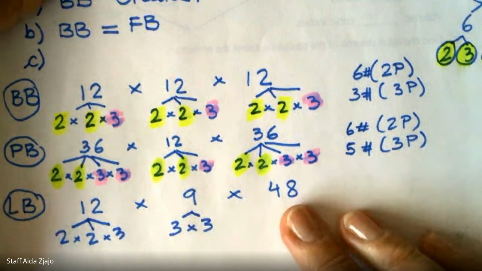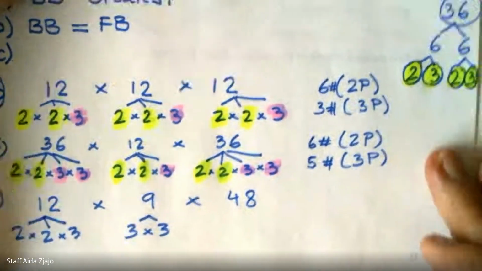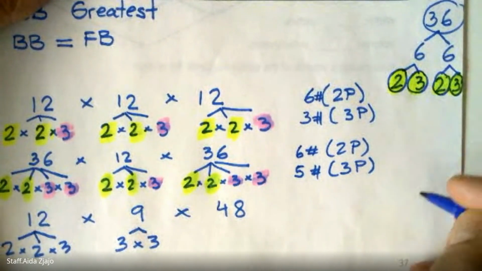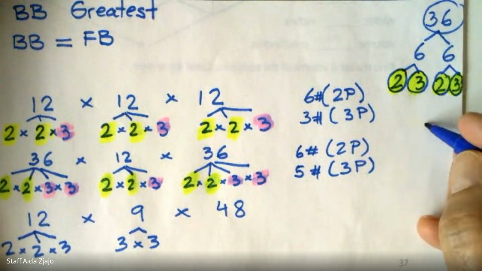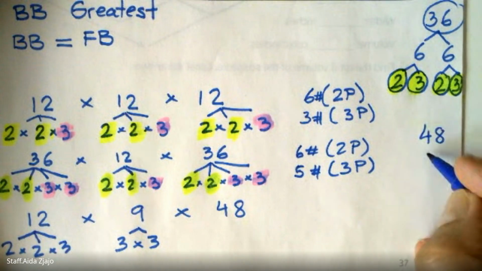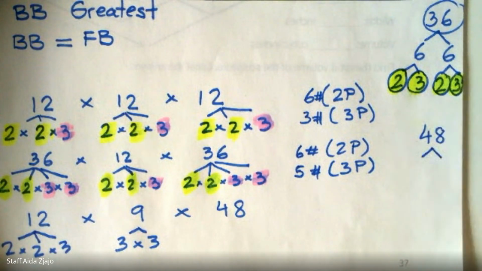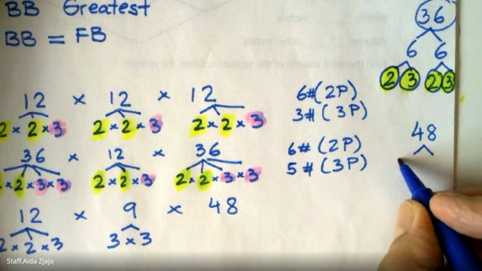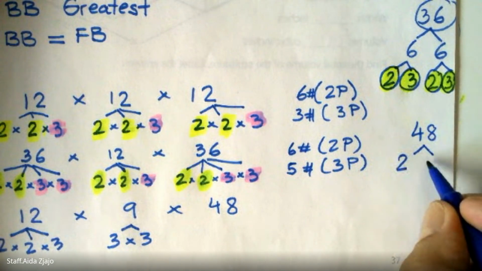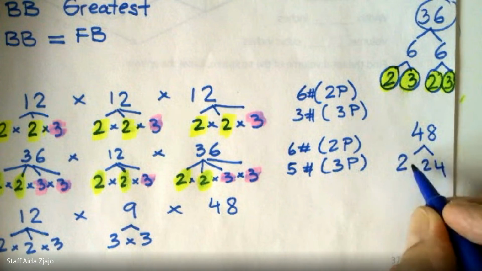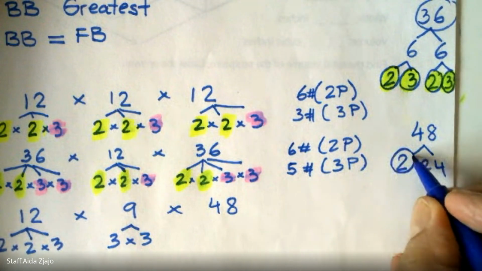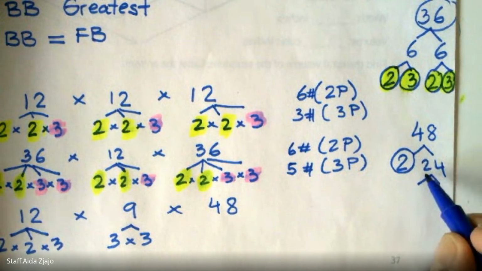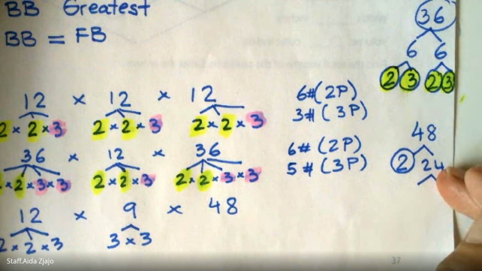So when you are now looking at the 48, you can use this tree strategy. I can break each even number, so I can go 2 times 24. 2 is already prime, I can circle that, but I have to keep going. 24 is not a prime.